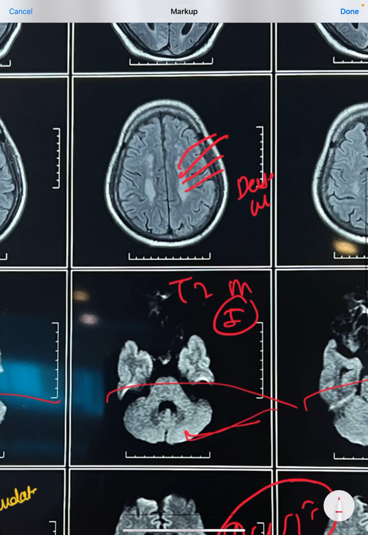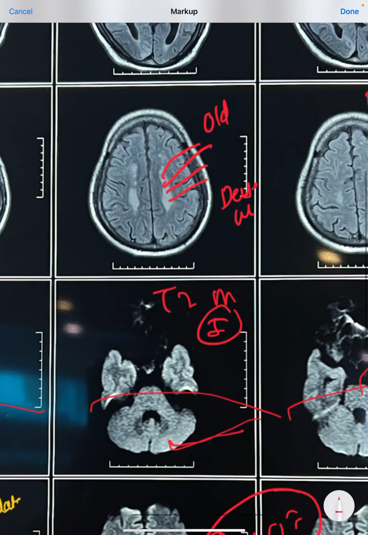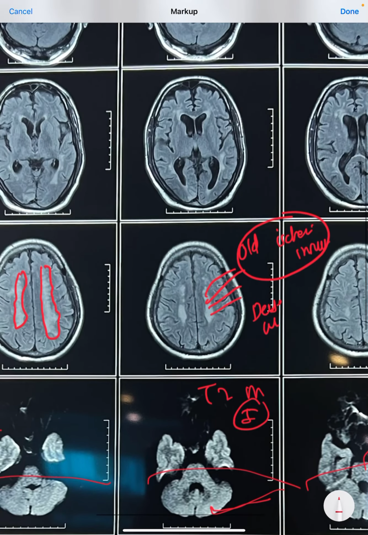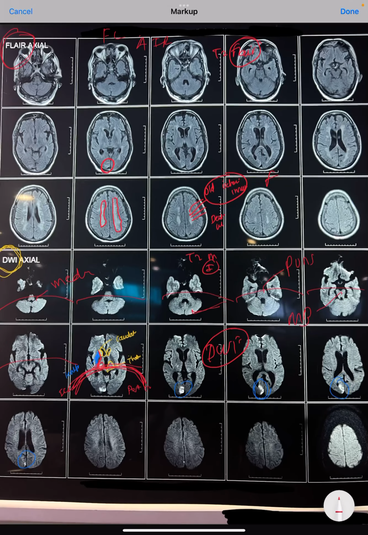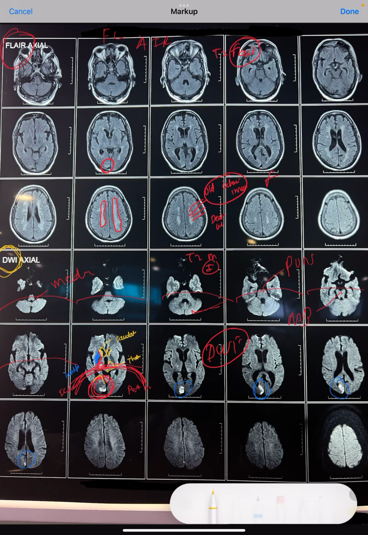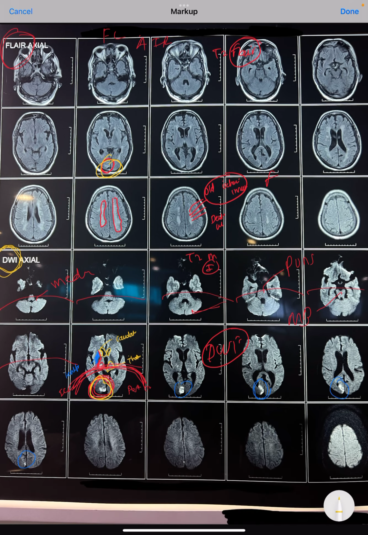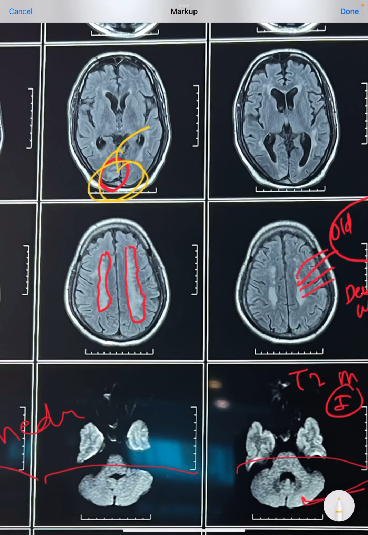So these dense white lesions are all old ischemic insults which are very clearly seen on the FLAIR imaging. And here we can see that there is hyper intensity in the exact same position as this. So this corresponds to this, they correspond to the same lesion, meaning this is a new lesion.